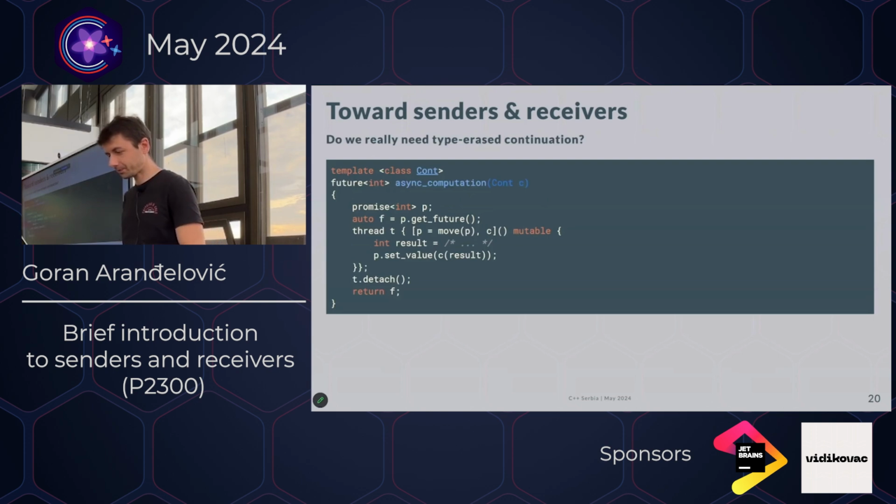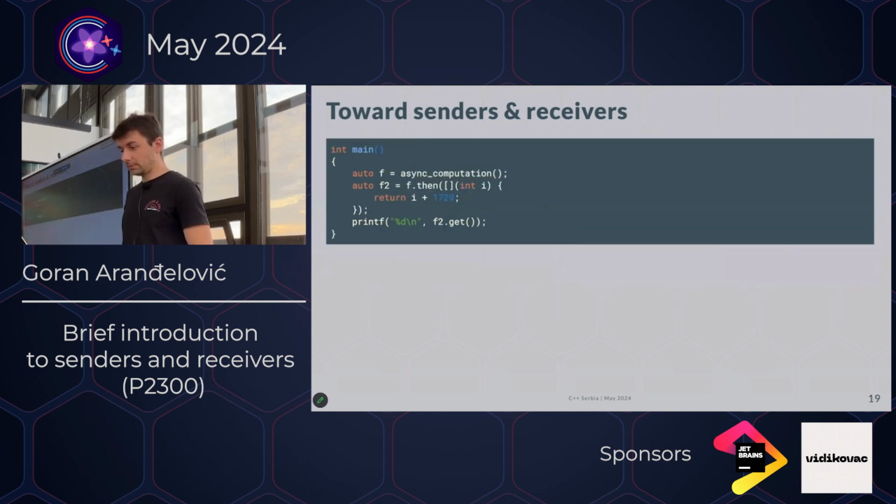So let's do something more. This is an interesting example because we attached a continuation once we already started executing our code. And it's interesting that in most of the cases we know which continuation we want to attach to our std futures, right?